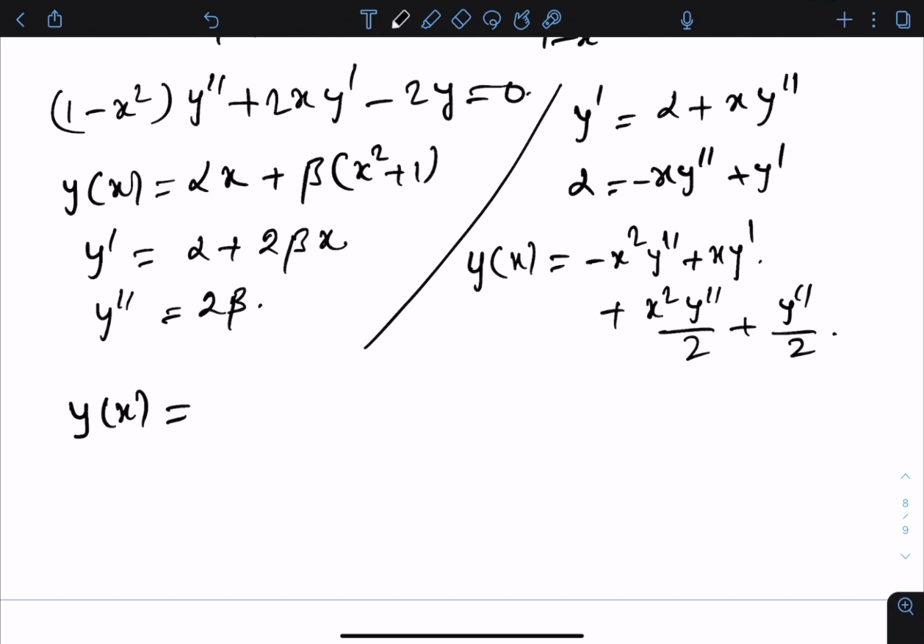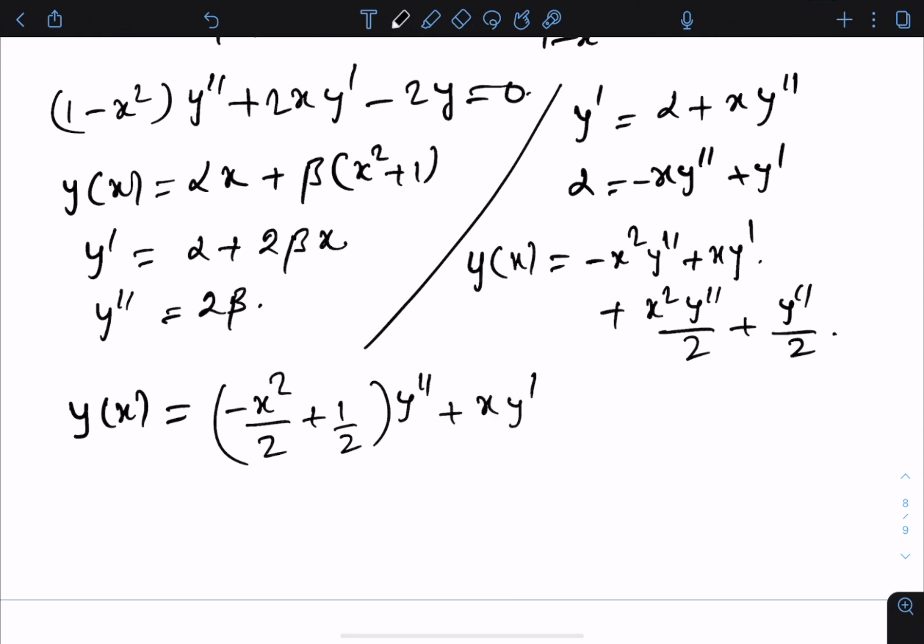So what you have is minus (x square by 2 plus 1 by 2) ... which is (1 minus x square) y double prime plus 2x y prime minus 2y equal to 0.